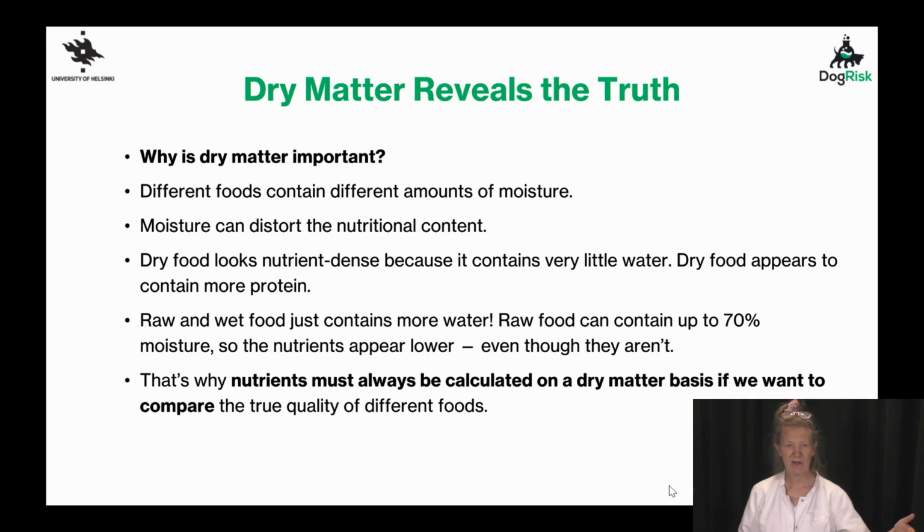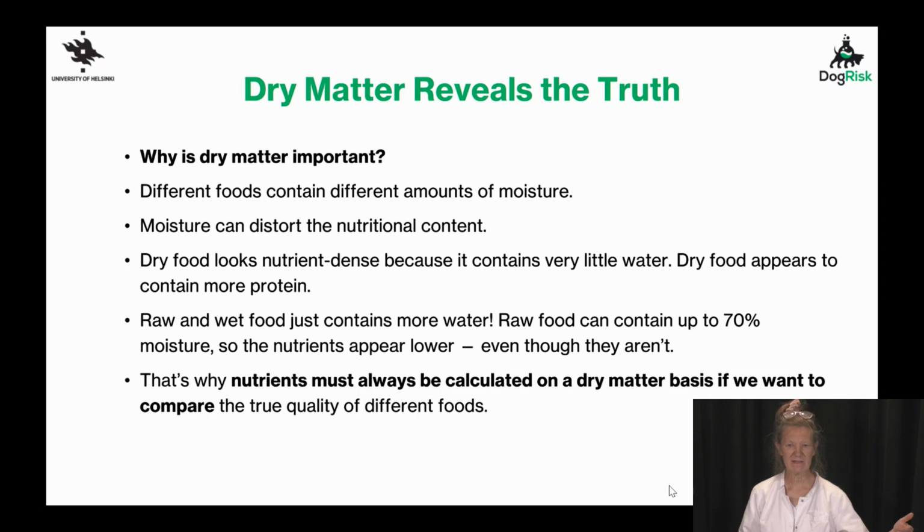Dry foods look quite nutrient dense because they have very little water, whereas the raw and wet foods contain a lot of water, and that's why they appear to have very low nutrient values. With nutrients, I'm particularly thinking about proteins and fats, which are very essential for dogs, both for building, for brain function, and for a lot of other health-related functions in the body.